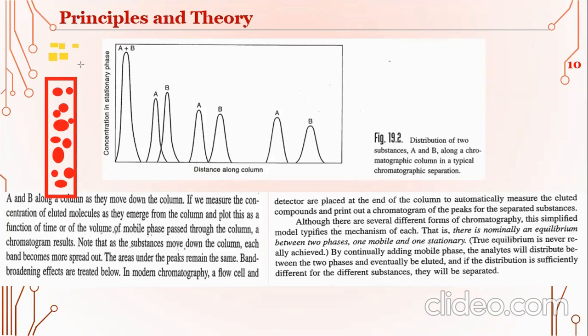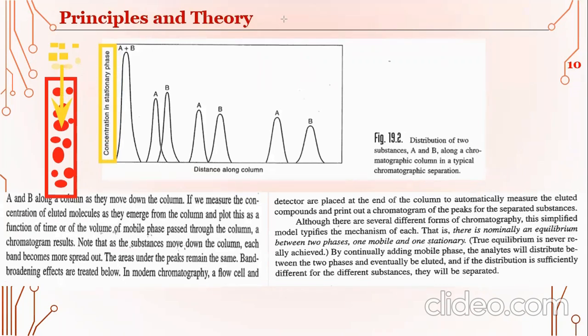We have a combination of molecules, and we need to pass them out through the column. So this shows the concentration in the stationary phase.